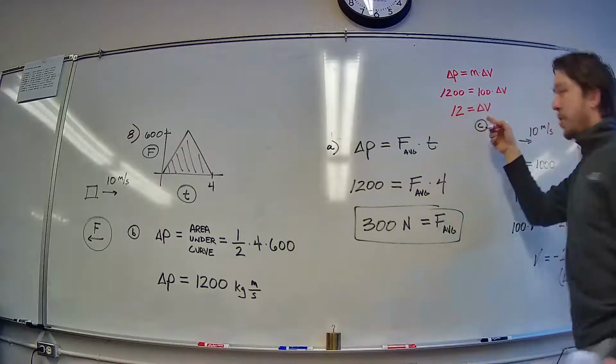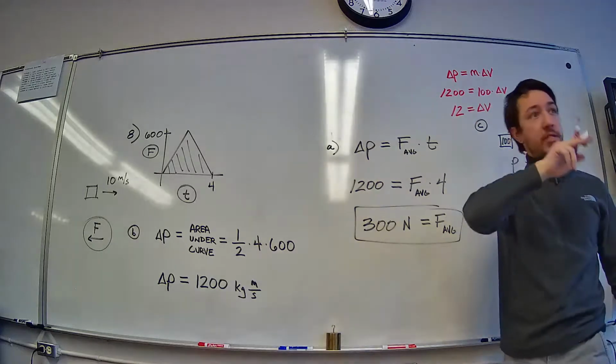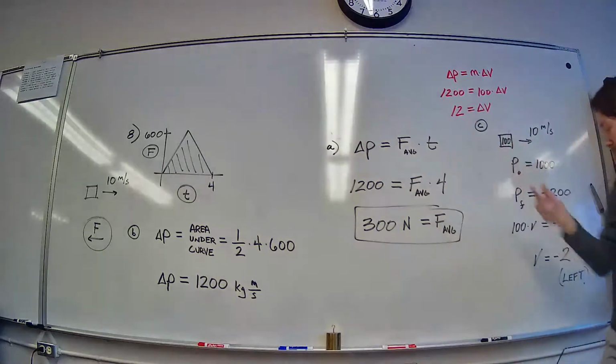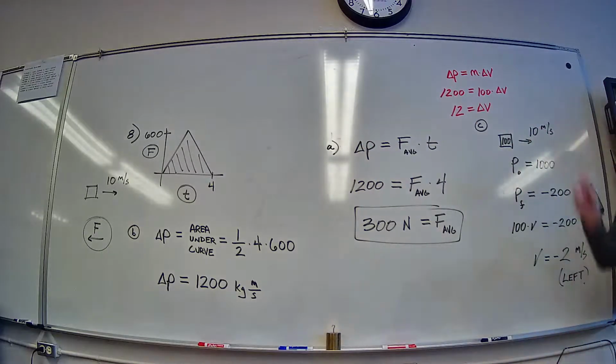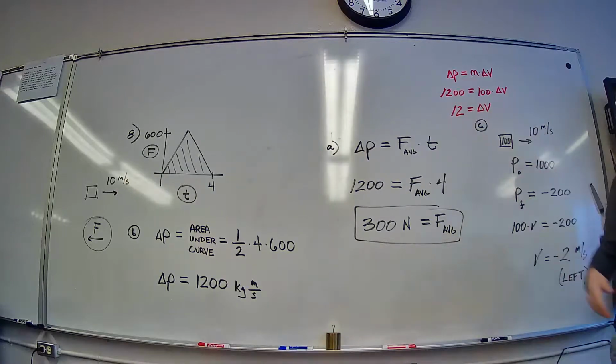And then you say, well, he was going 10, and then the delta V is 12, so that leaves him with 2 meters per second in the opposite direction. So those are totally equivalent methods. There's nothing different between them really. It's just here I'm solving for P and then getting V, whereas this one I'm solving for the delta V and adding it up.